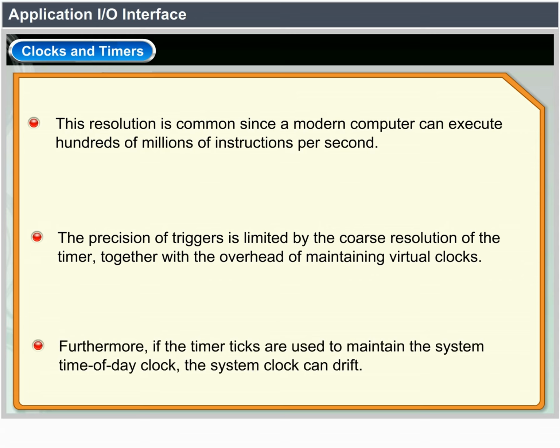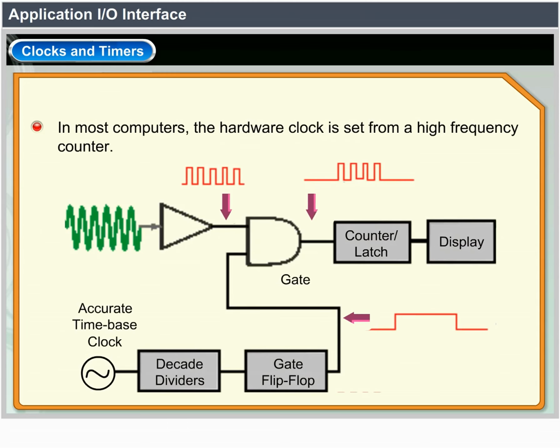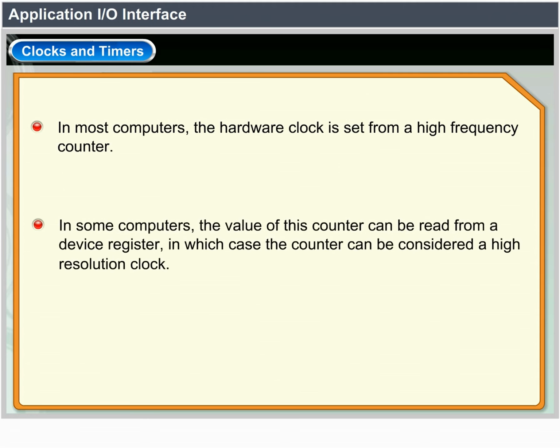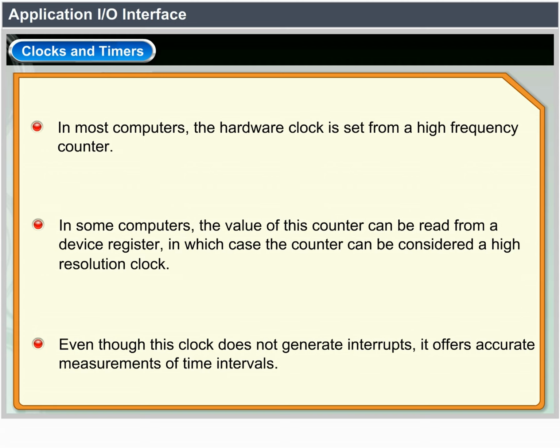Furthermore, if the timer ticks are used to maintain the system time of day clock, the system clock can drift. In most computers, the hardware clock is constructed from a high-frequency counter. In some computers, the value of this counter can be read from a device register, in which case the counter can be considered a high-resolution clock. Although this clock does not generate interrupts, it offers accurate measurements of time intervals.